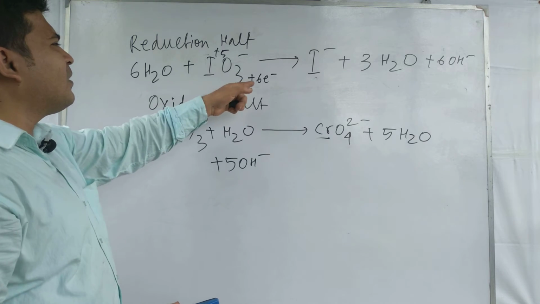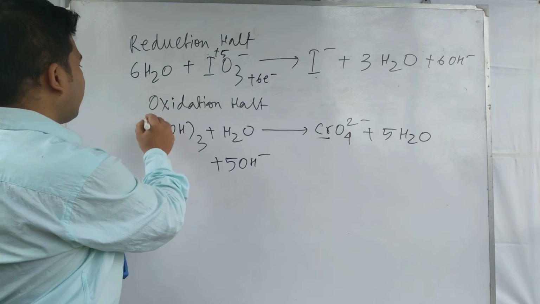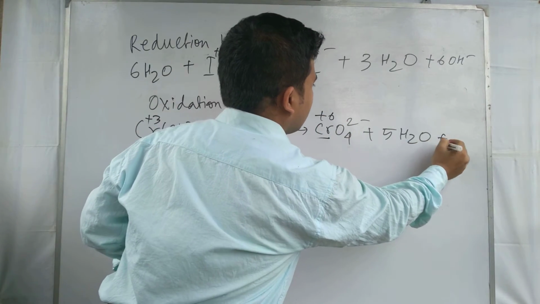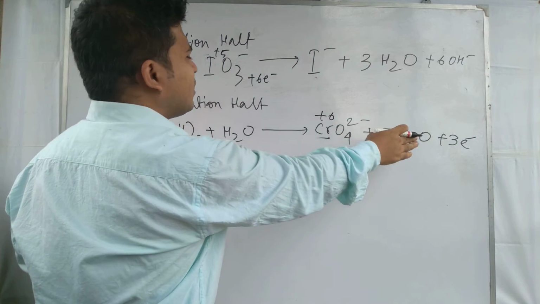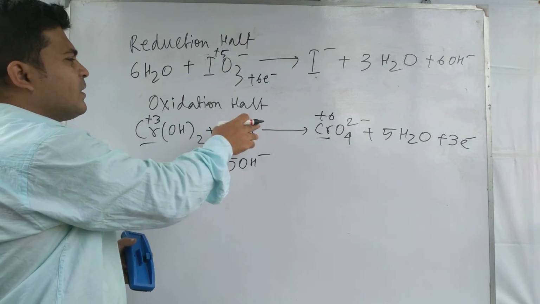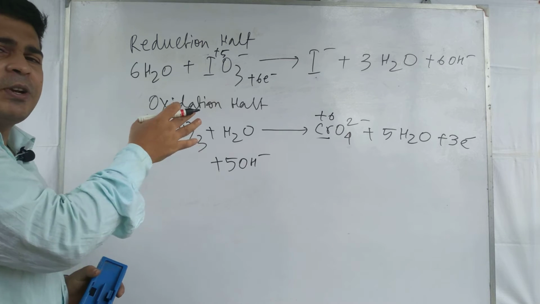So charge balance takes place after adding the 6 electrons here, and for this reaction we see +3 changing into +6. So the best is to add 3 electrons here, because if we add 3 electrons here, the +6 will reduce to +3, and the charge on each chromium atom on the right hand side and left hand side becomes equal.